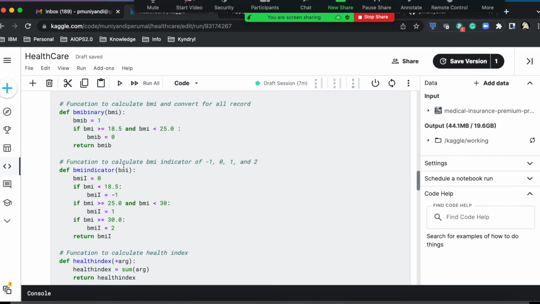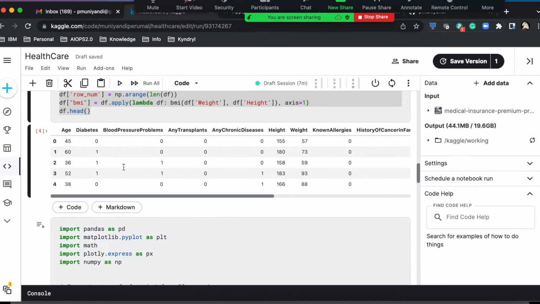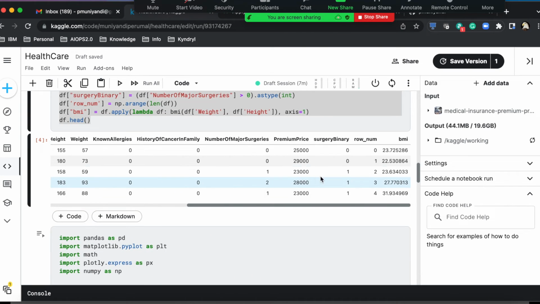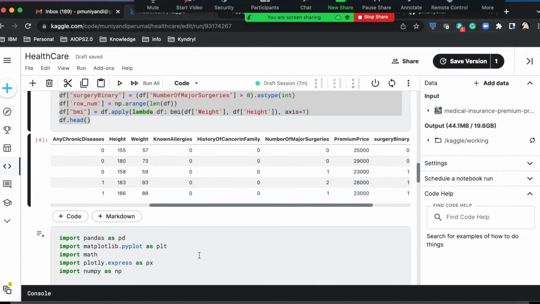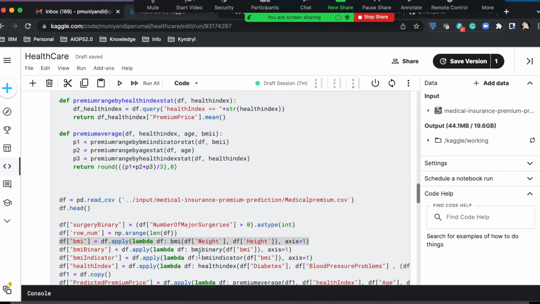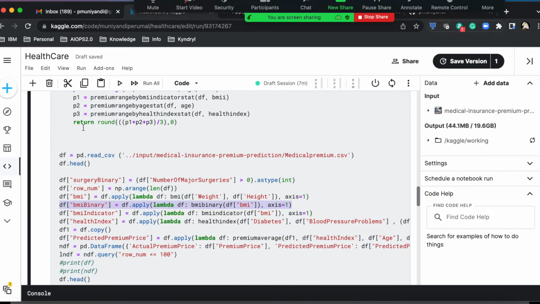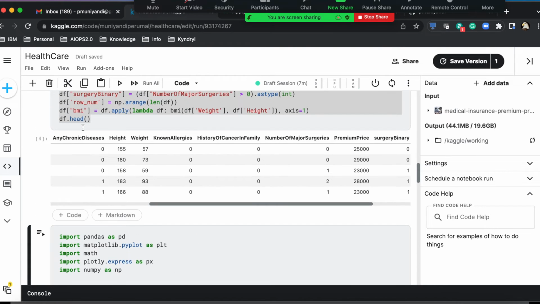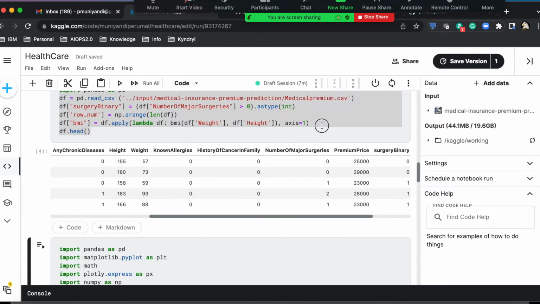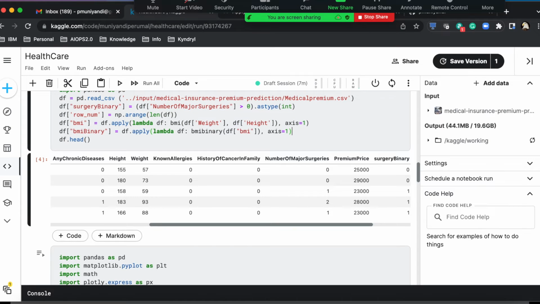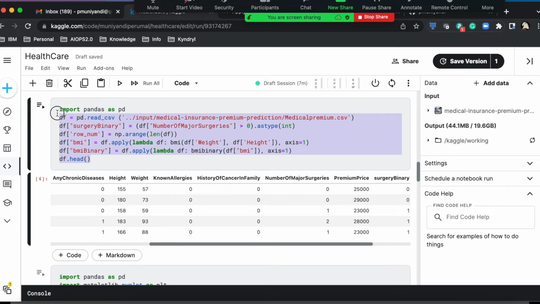So now I created my BMI. See the BMI, but I need to convert this BMI into a binary, right? What I'm going to do, I'm going to have one more call, BMI binary. If I put this one, I'll get one more column called BMI binary. So now my BMI will get converted as a binary.